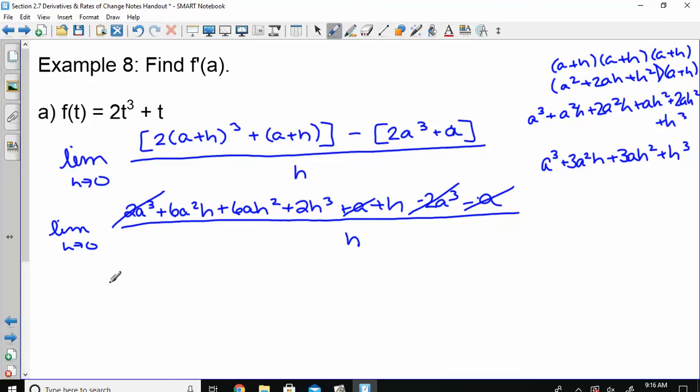And at this point, you will always have things cancel. And what do you notice about everything that's left? You can take an h out. So we get 6a squared plus 6ah plus 2h squared plus 1.